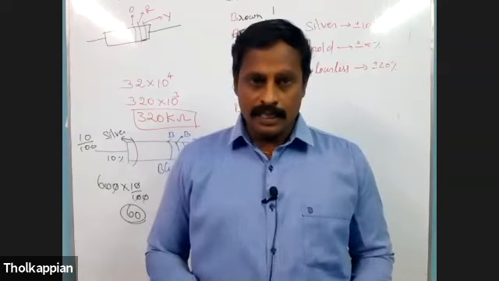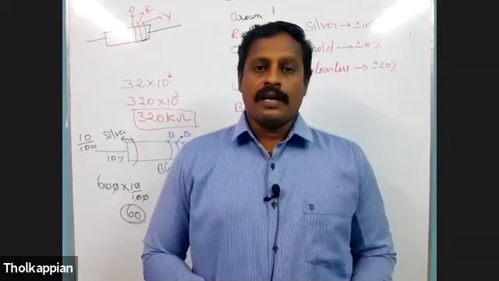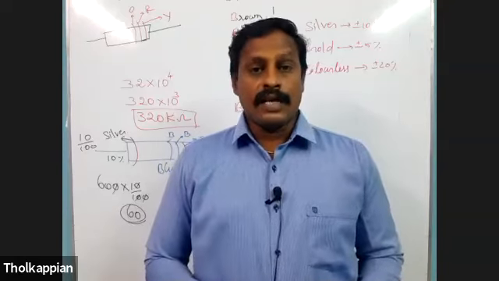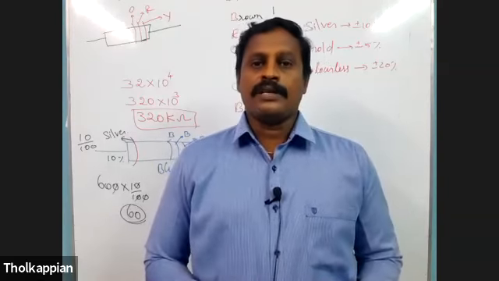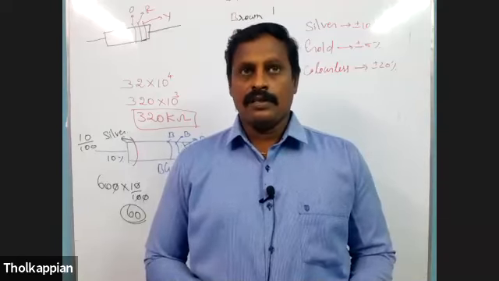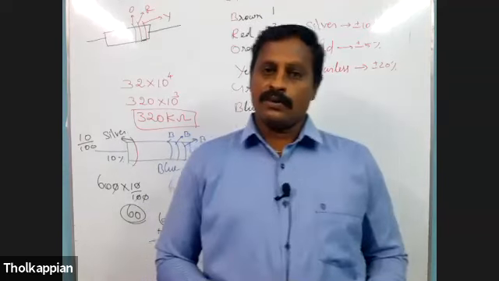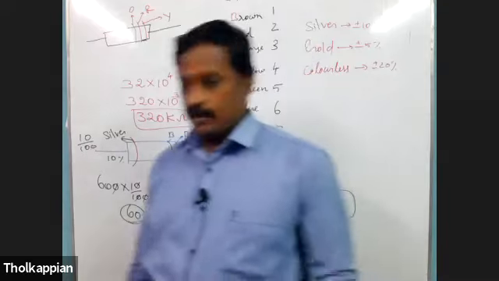So all the conductors are positive temperature coefficient materials, and semiconductors are negative temperature coefficient materials. Negative temperature coefficient material can also be called a thermistor. That we will see now.